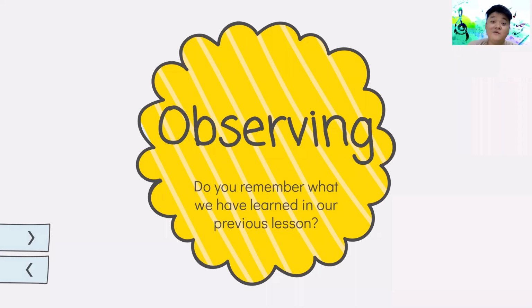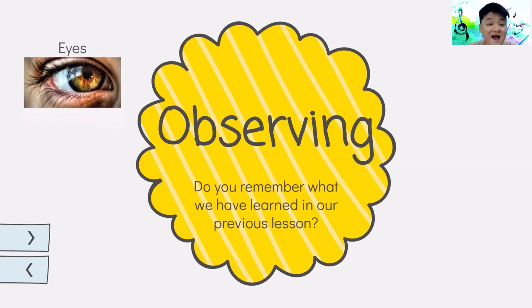All right, observing. Do you remember what we learned in the previous lesson about observing? Very good. Yes, we observe using our senses. For example, we observe using our eyes. You use your eyes to look around you.